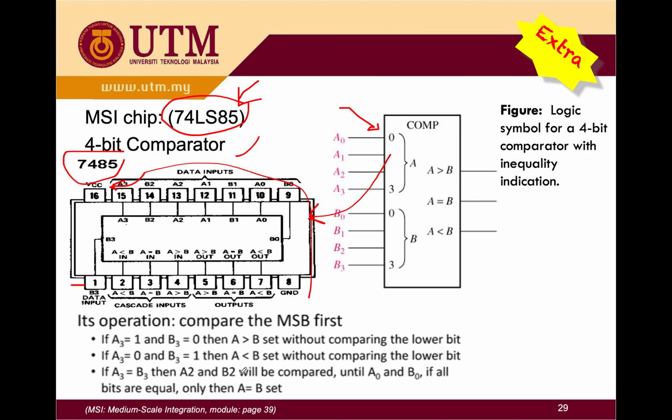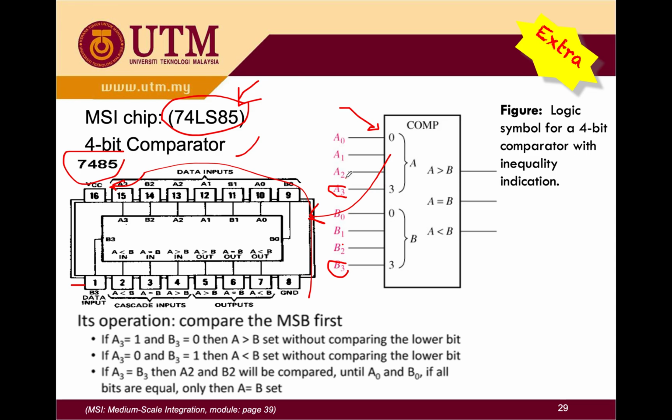So if you look at the first one, which is the MSB, if A3 and B3 are equal, you need to compare the next one, B2 and A2. Is it equal or not?